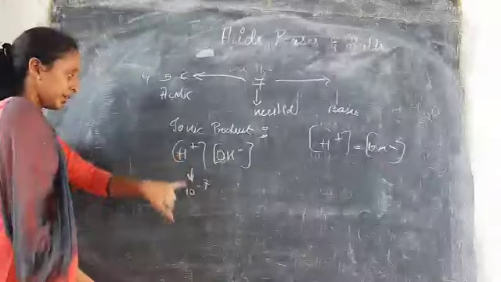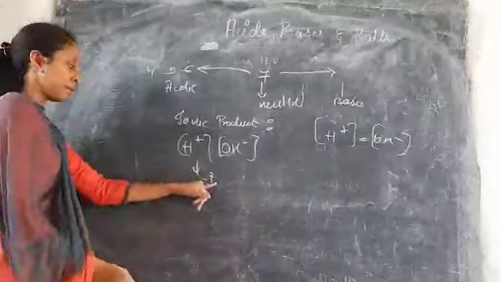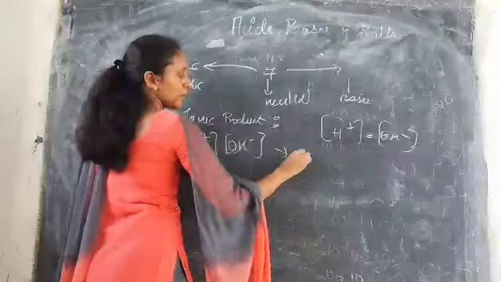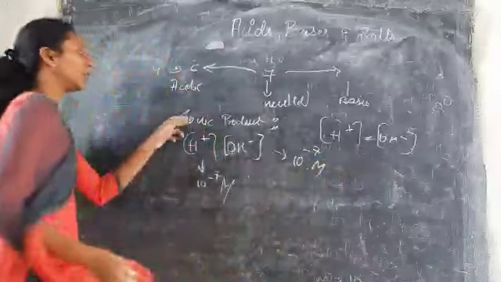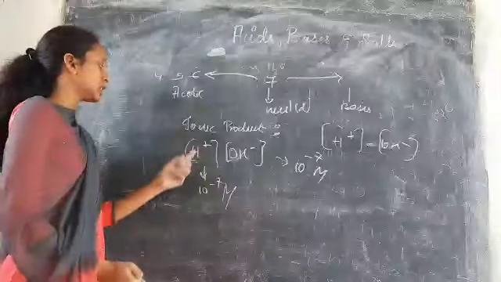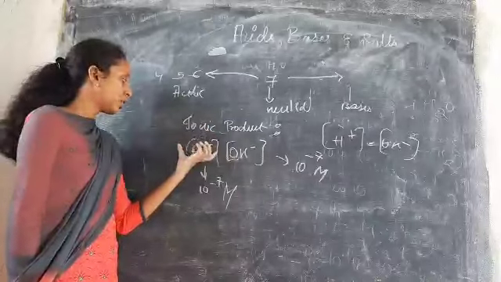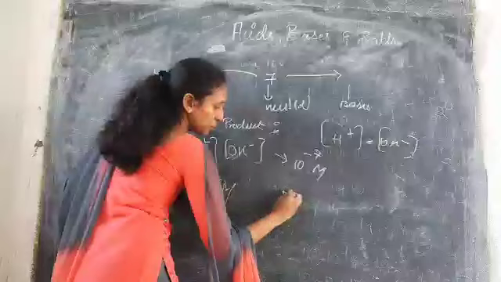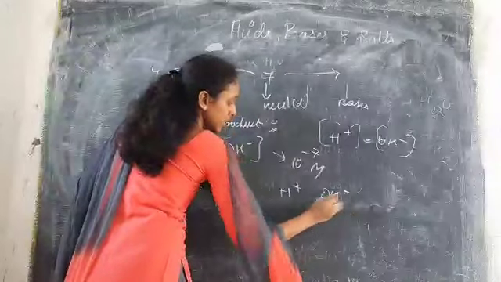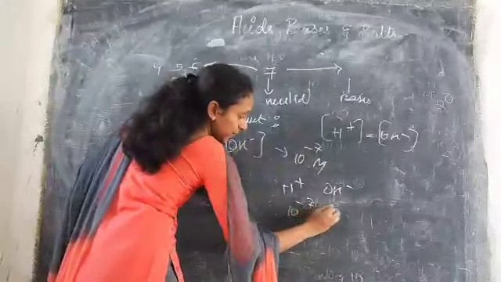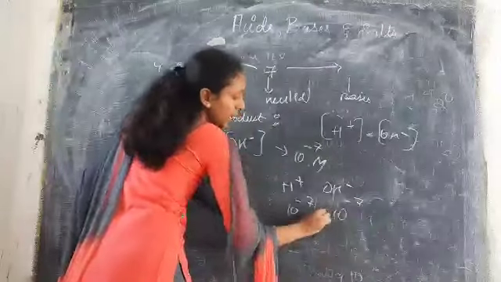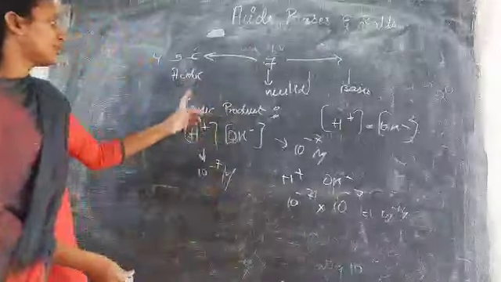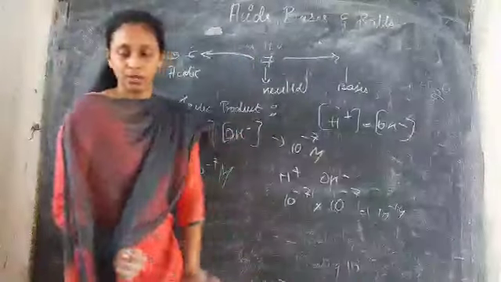So if H plus is 10 to the power of minus 7 molar, then OH minus will also be 10 to the power of minus 7 molar. Ionic product is nothing but the product of H plus and OH minus. This is 10 to the power of minus 7, and this is also 10 to the power of minus 7. Multiplying, we will get 10 to the power of minus 14. So the ionic product of water will be 10 to the power of minus 14.